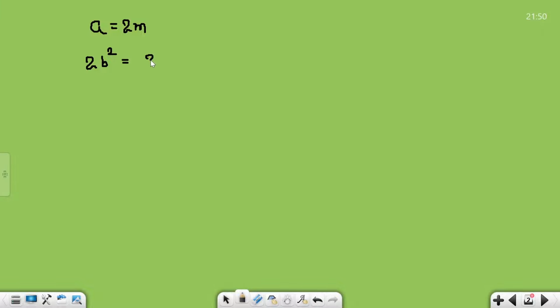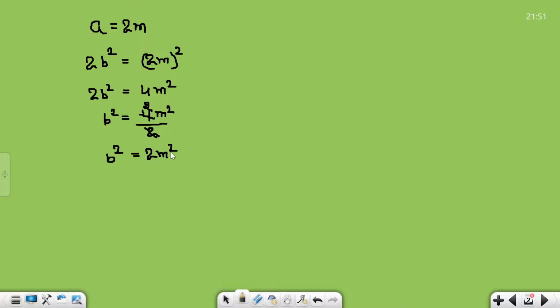But a square we let 2m, so write 2m square. 2b square is equal to 2 square is 4, m square is m square. So here b square is equal to 4m square divided by 2, cancel out 4 by 2, so we get b square is equal to twice of m square.